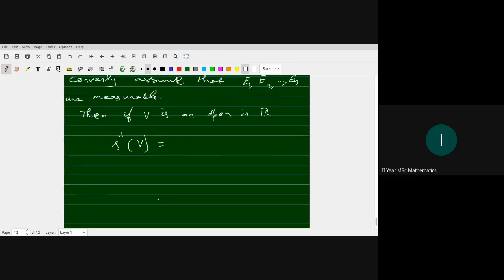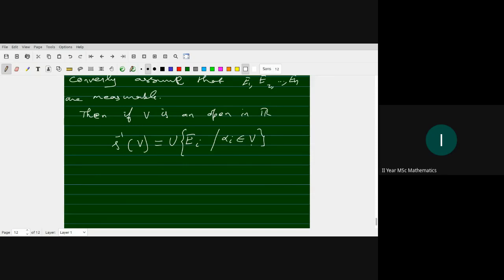S inverse of V contains E_i if alpha_i belongs to V. It is the union of E_i where alpha_i is contained in V.